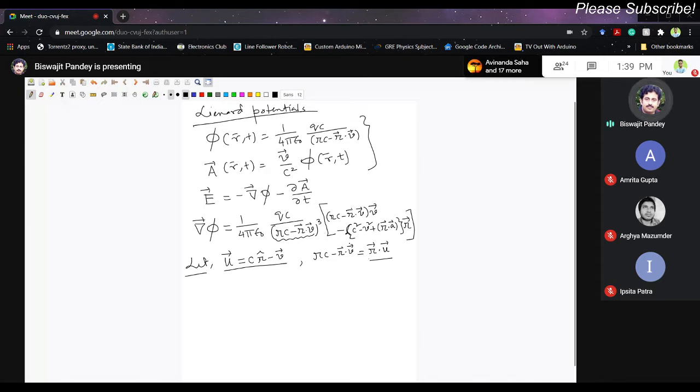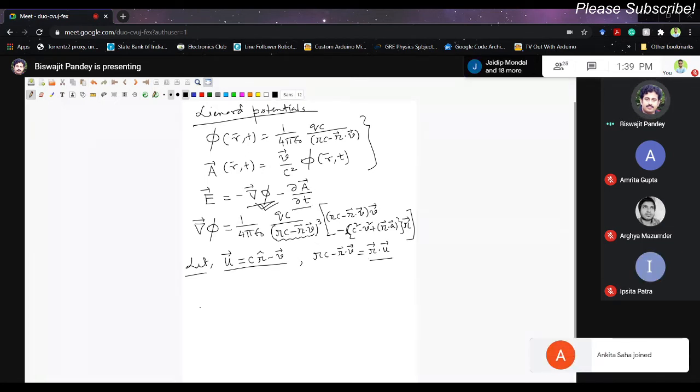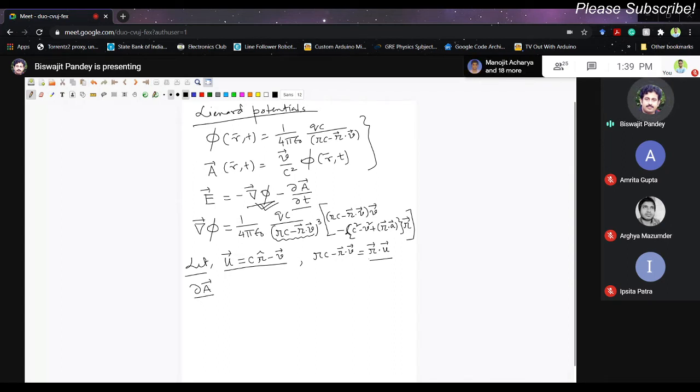So the grad phi part is already calculated, and what we wish to calculate now is the time derivative part, del A del t. I already started this calculation in the last class, but let us do it once again. A is given by v by c square times phi.